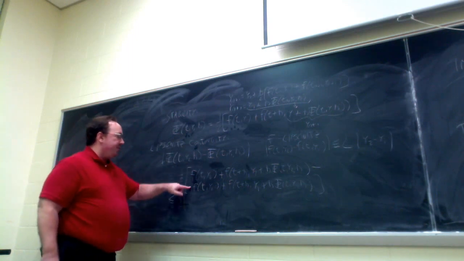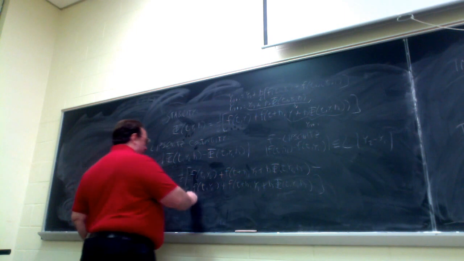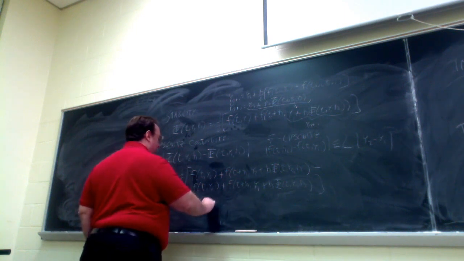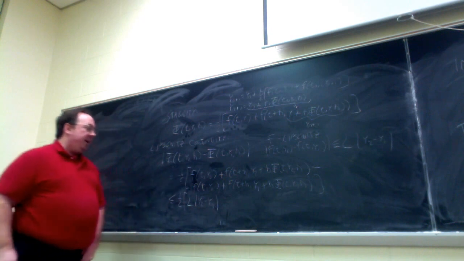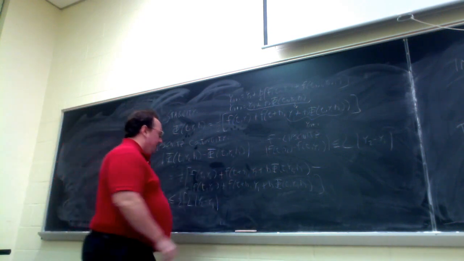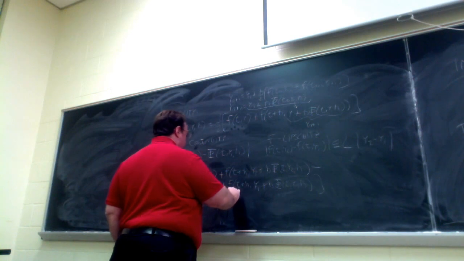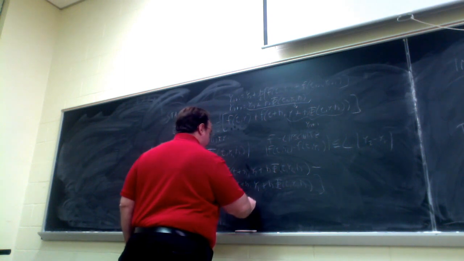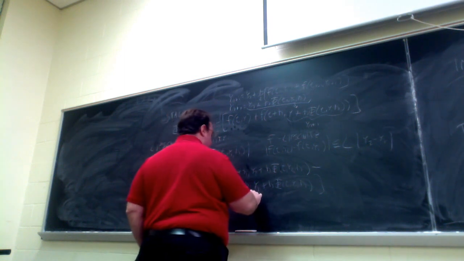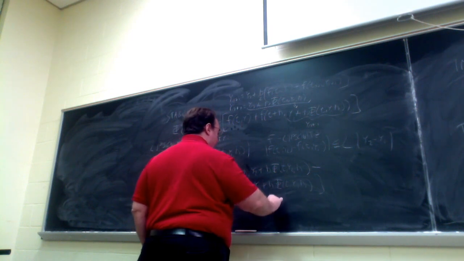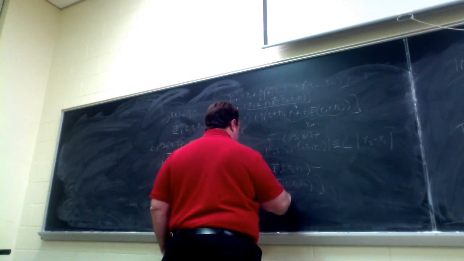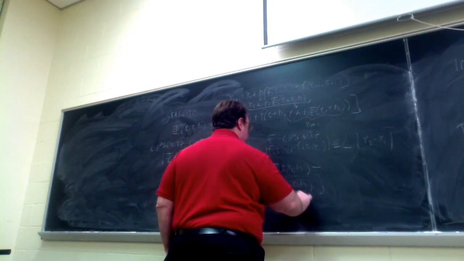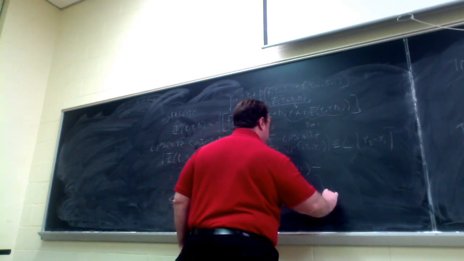Now here we have a difference of f values, so I'd have L|y2 minus y1|, and then plus L again times the difference of these two y values, plus h times phi(t, y2, h) minus phi(t, y1, h).